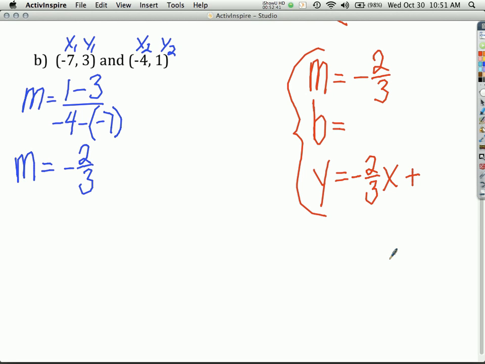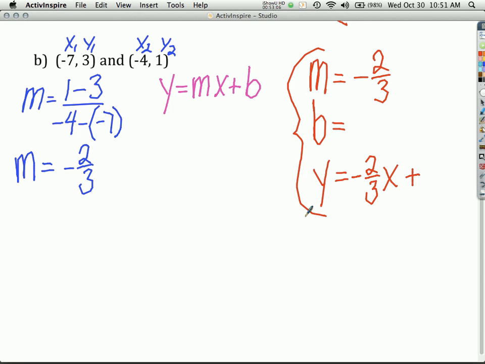So step 2 is to use this form and use information that we already have. Kamoy, which point would you recommend using to try and find the b? And there's no wrong answer.